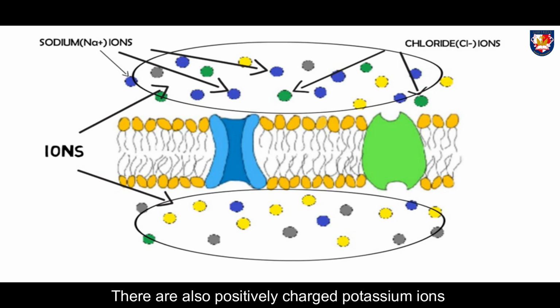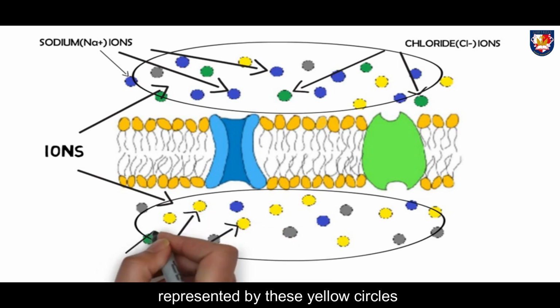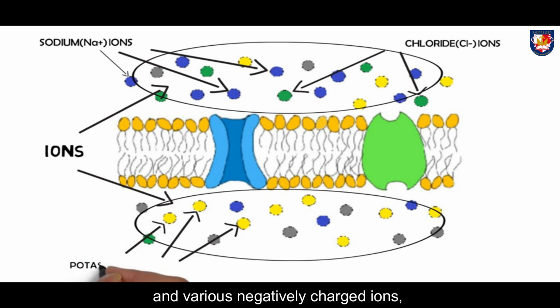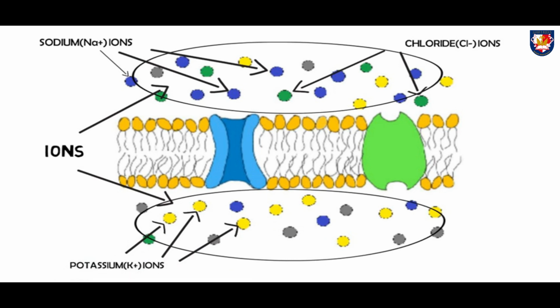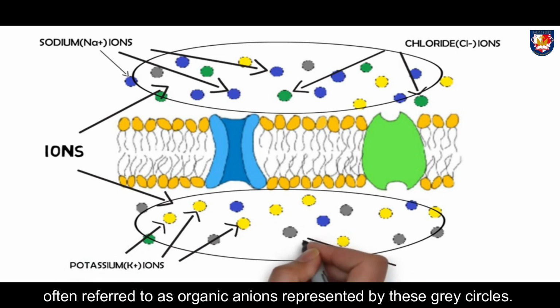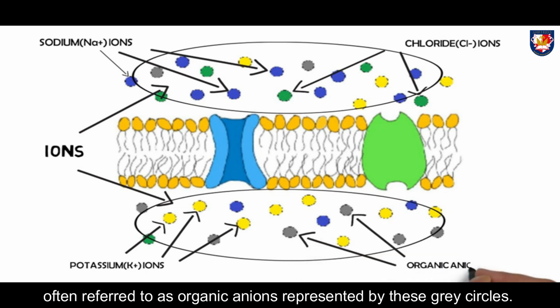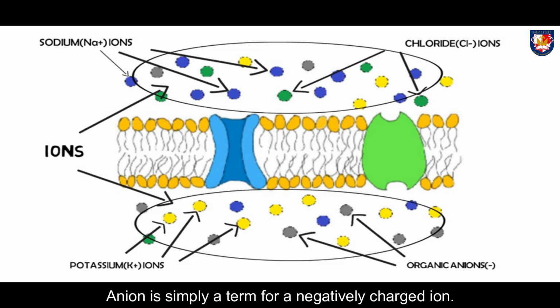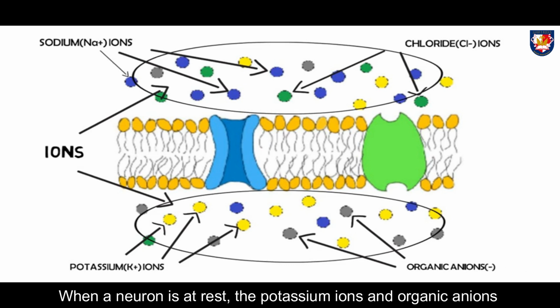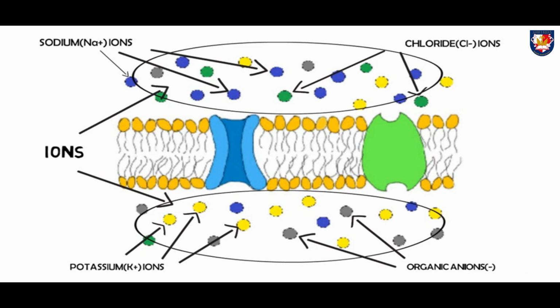There are also positively charged potassium ions represented by these yellow circles and various negatively charged ions, often referred to as organic anions, represented by these gray circles. Anion is simply a term for a negatively charged ion. When a neuron is at rest, the potassium ions and organic anions are more prevalent inside the cell.